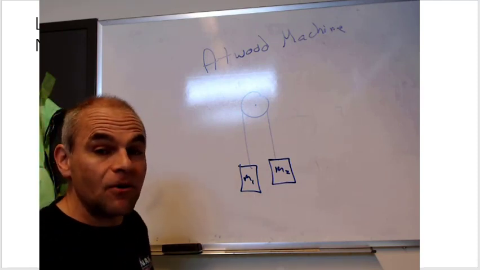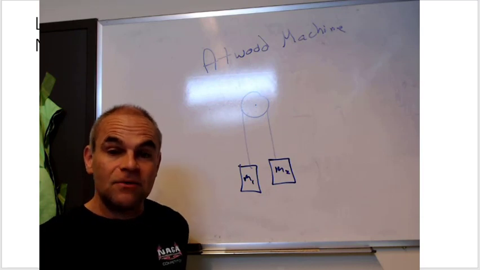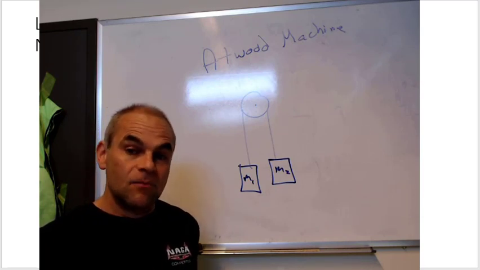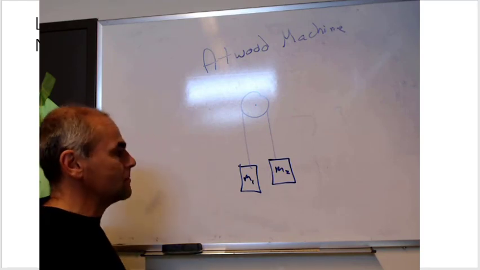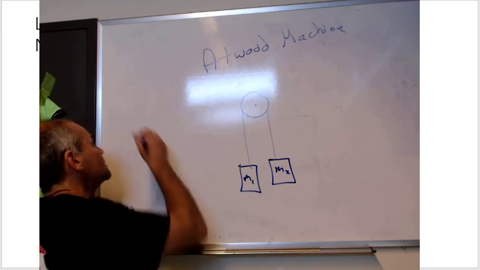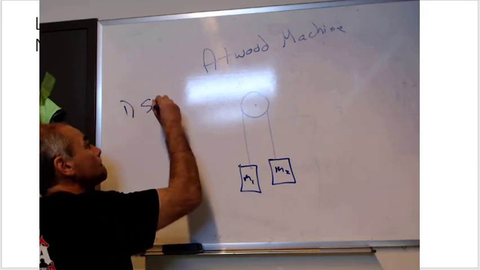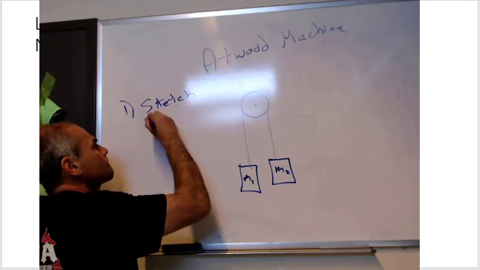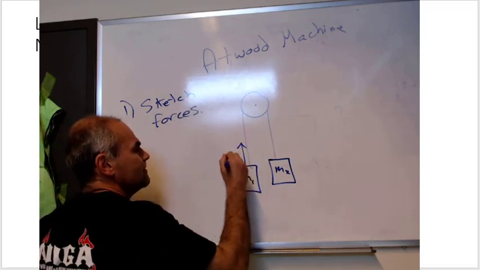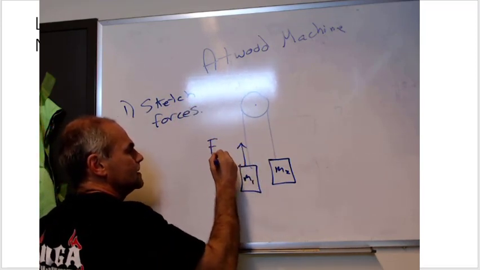So I want to use the same approach to solve this problem that we used to figure out what the acceleration would be for the hanging block problem. So the first step is to sketch all the forces that are acting on both masses. So this one is going to have a tension force.